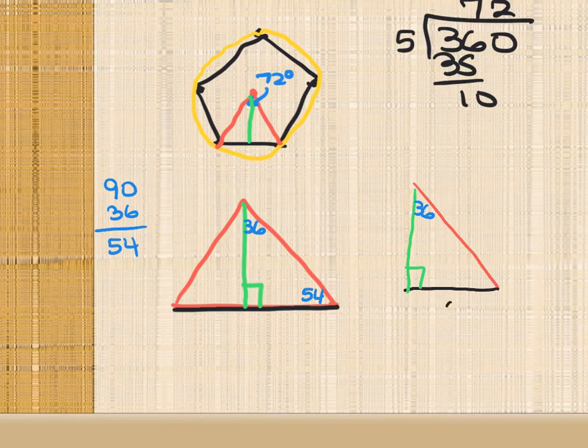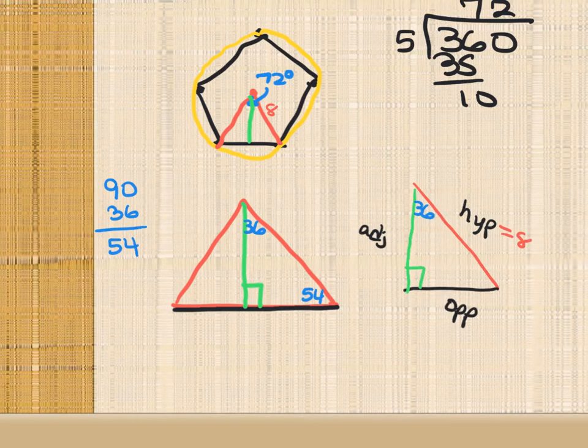So the side that's opposite the 36 is here. The side that's adjacent is going to be my apothem. And then the red is the hypotenuse. Notice they told me that the radius length was 8, which is my hypotenuse over here.